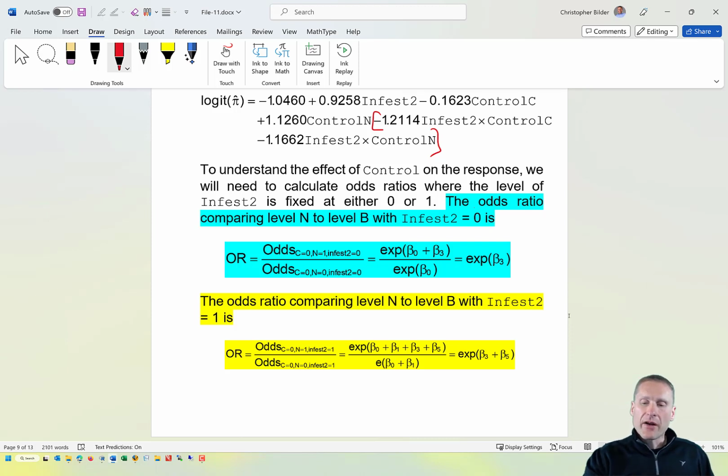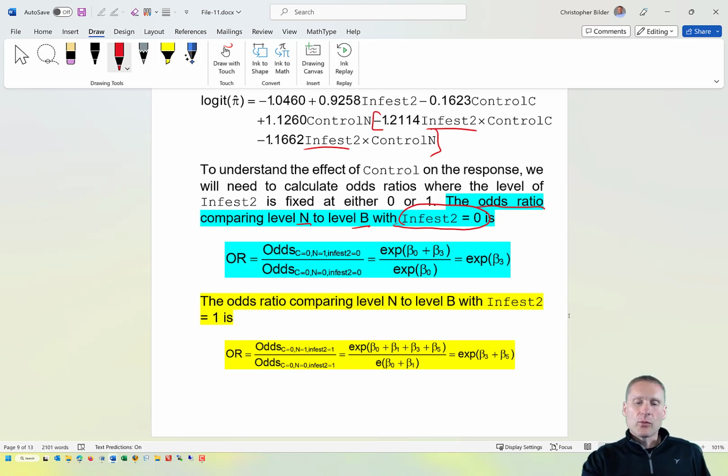Let's say I want to compare the odds ratio comparing levels N to B with infest2 equals 0. I have to specify what infest2 is because notice we have the interaction. It is going to have an effect on the response, even if I'm only interpreting control.